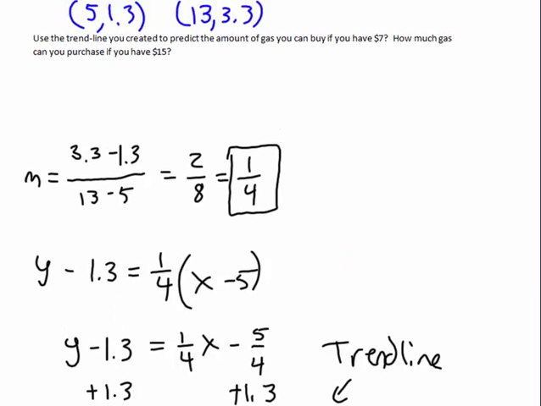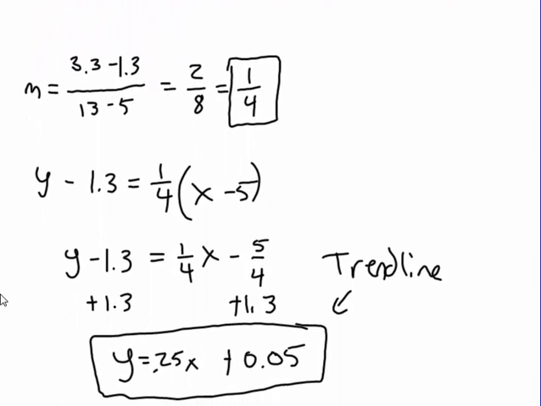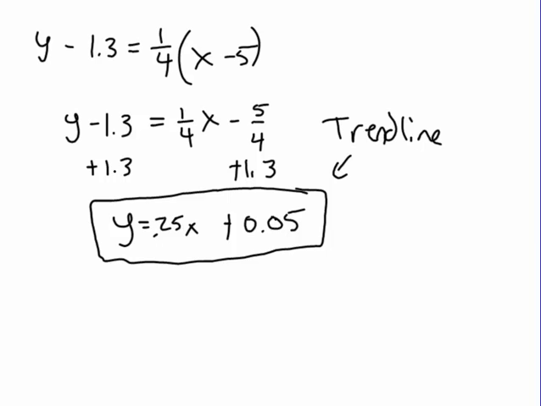And then we're going to take that and predict the amount of gas we could buy if we have $7 and how much we can purchase if we have $15. So if I plug a 7 in here, then it should be able to tell me how many gallons of gas I can purchase for $7. Goodness gracious.